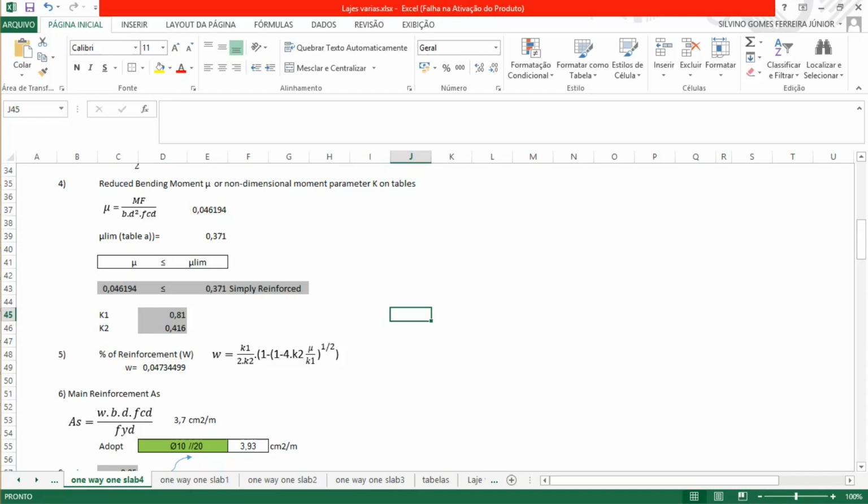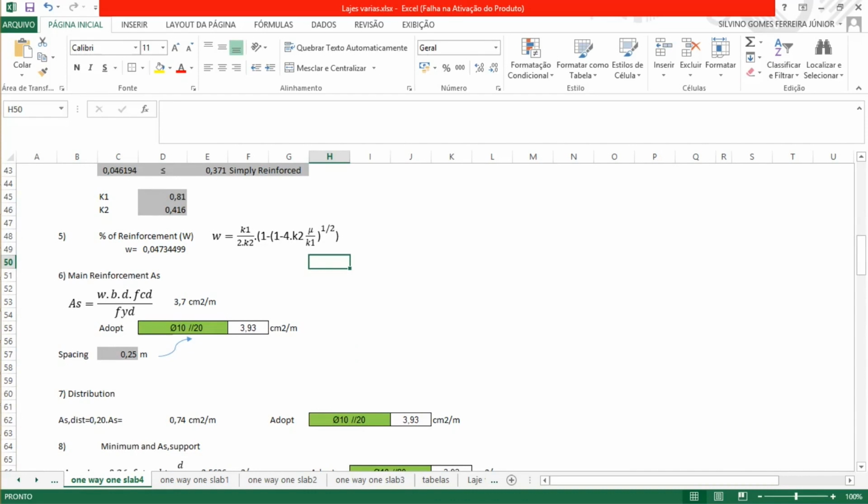Percentage is K1 divided by 2 multiplied by K2, multiplied by 1 less from this equation. Okay, we get this value, you can see here, will give us 0.047% for main reinforcement.